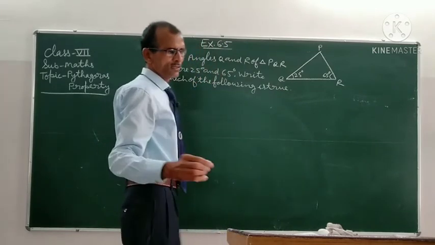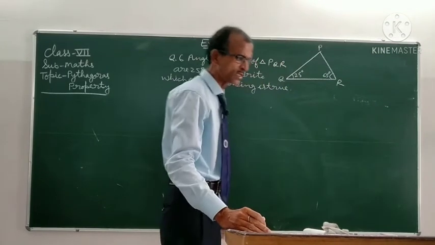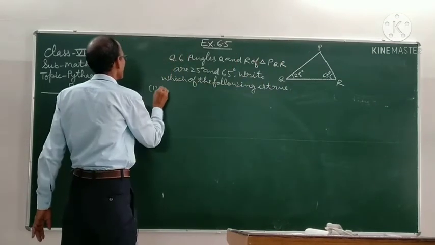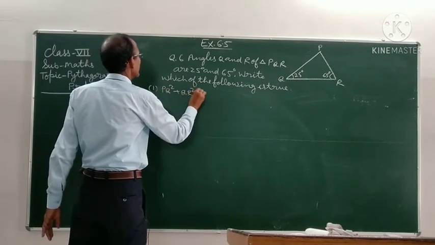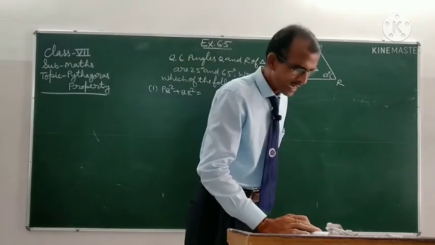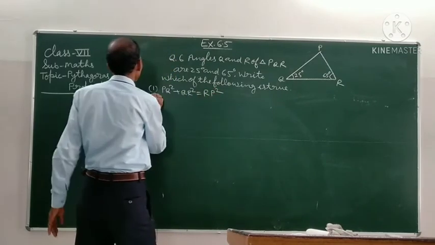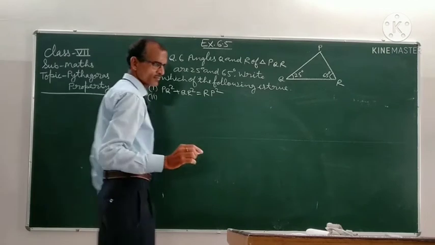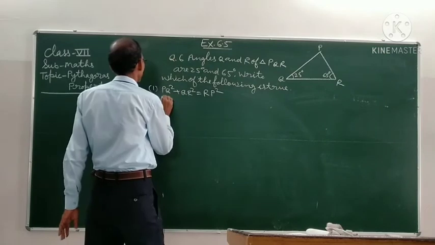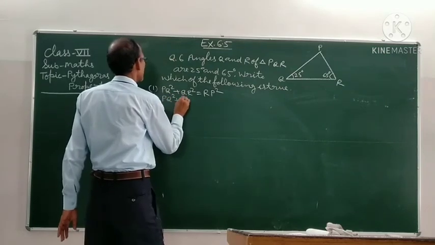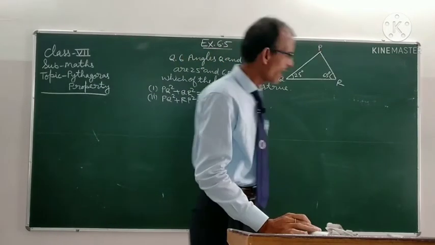Here we have three given statements. First statement is PQ square plus QR square is equal to RP square. Second statement is PQ square plus RP square is equal to QR square.